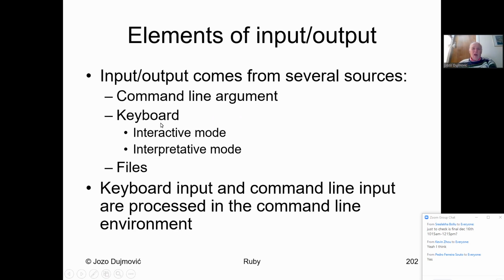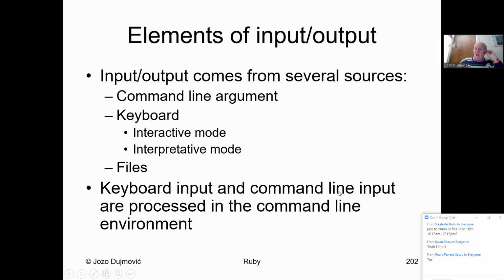Elements of input and output are first command line arguments. That's what I want to show you now. And then you can take data from keyboard or from files. Let us see how this works.